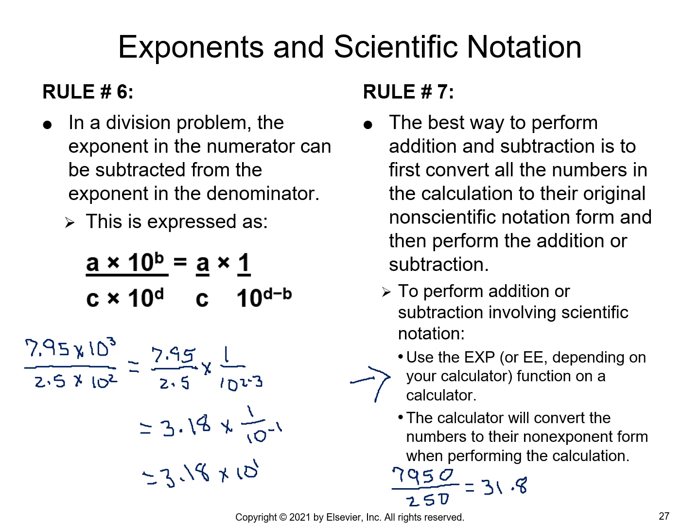So if you type in that number, 3.18, EE, your exponent, and our exponent in this particular number is 1, and hit equals, it gives us 31.8.